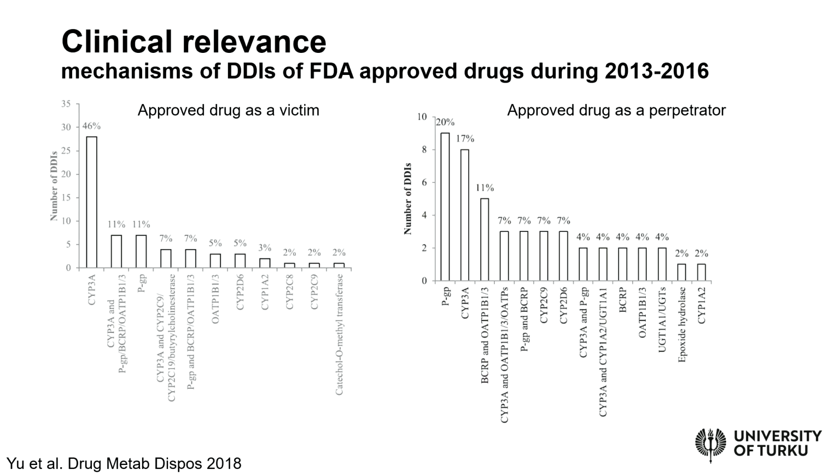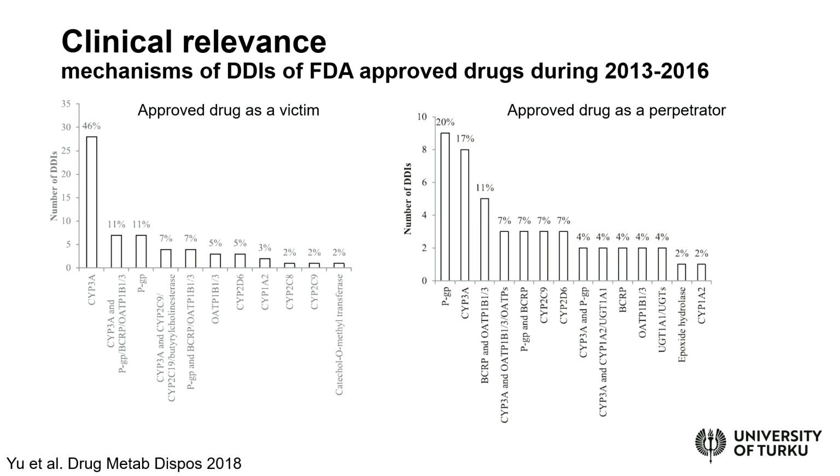About the clinical relevance, if we look at clinically approved drugs, this is from a few years back, approved by the FDA, we see that transporters come up quite frequently as a victim of drug-drug interactions or as a perpetrator.